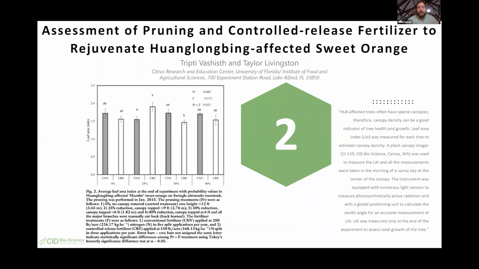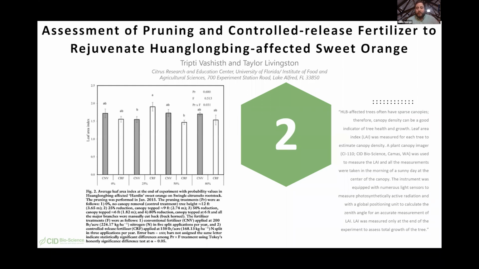And so the thought behind this study was that if they pruned the canopy of the tree, they would reestablish a normal ratio between the root structure, which had diminished because of the disease, and the size of the canopy. So by pruning, they could reestablish that ratio to a normal level, so that there isn't as much stress from a stress carbohydrate cycle. Then that would reinvigorate and rejuvenate the trees.